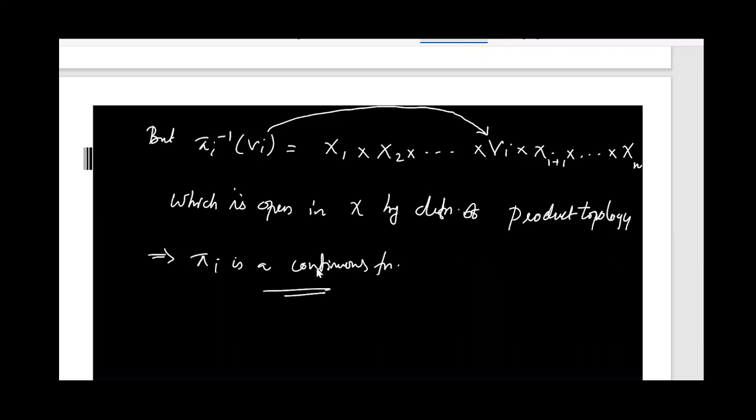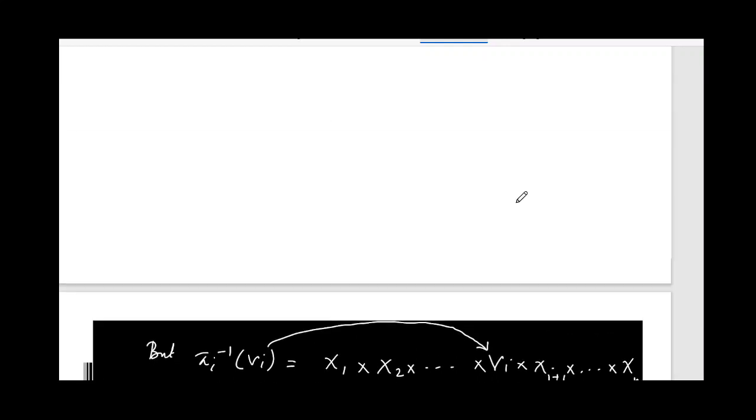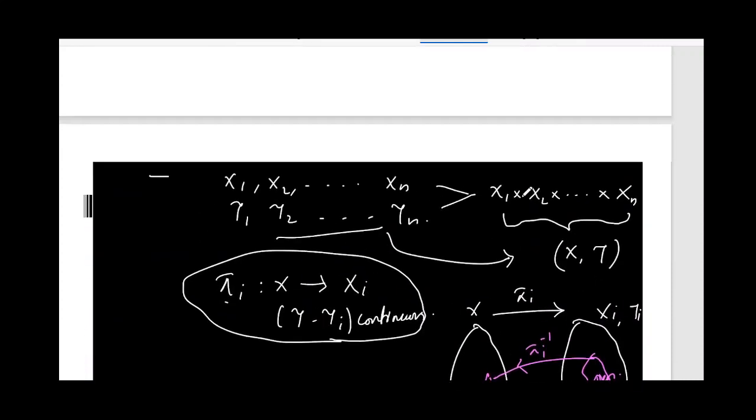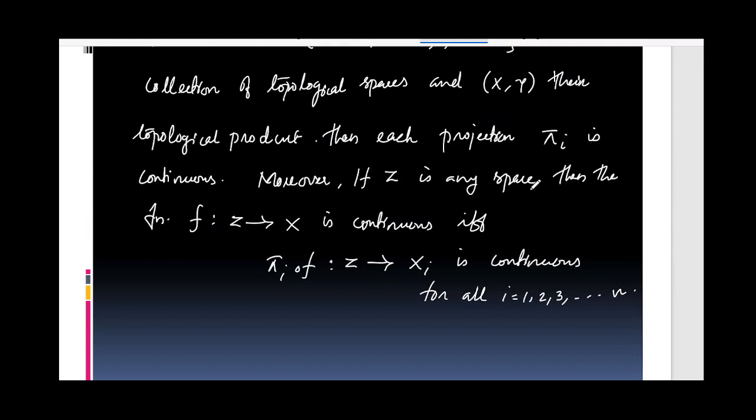What about the second part? The second part says that, moreover, if Z is any space, then the function f from Z to X is continuous if and only if pi i composition f from Z to Xi is continuous, right? It's very easy to prove one part.